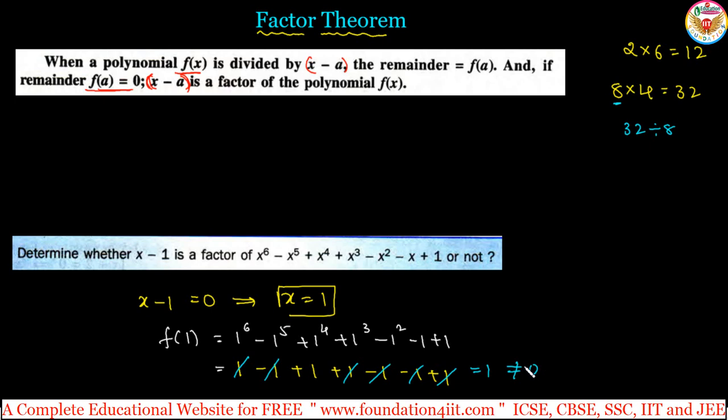So this is non-zero, it's not equal to 0. That means x minus 1 is not a factor of this. As per the factor theorem, only if the remainder is 0 is x minus a a factor. Since the remainder is not 0, x minus 1 is not a factor.